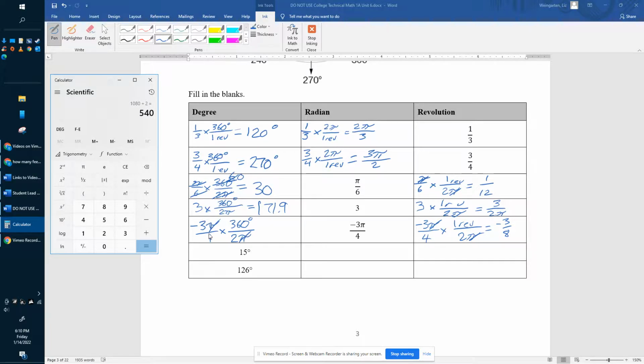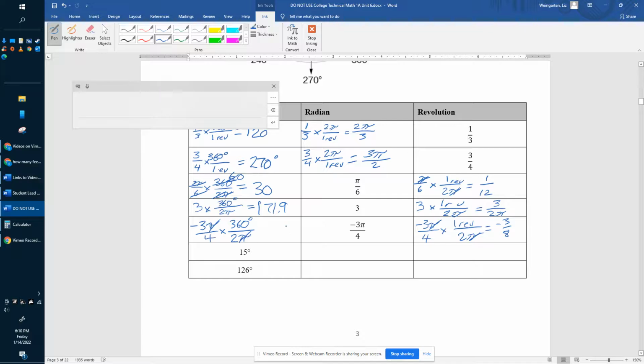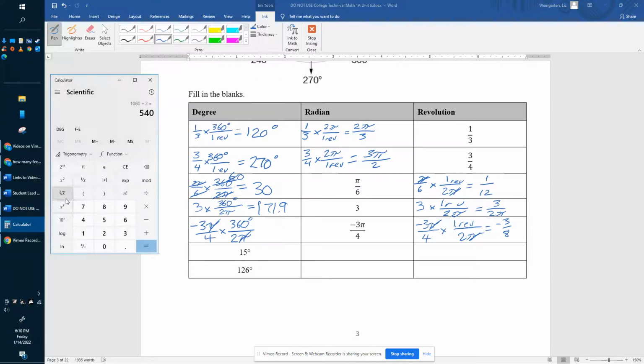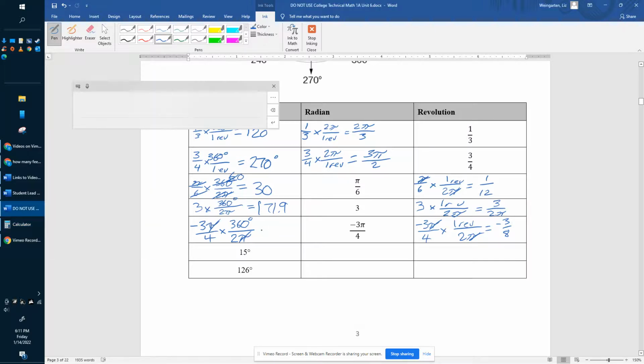It's happening because my marks keep disappearing for some reason. Okay, that's better. 3 times 360 divided by 8, negative 135 degrees. These are all degrees, even though my degree symbols disappear.